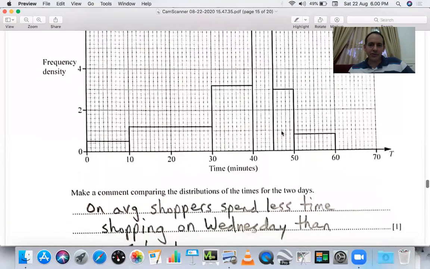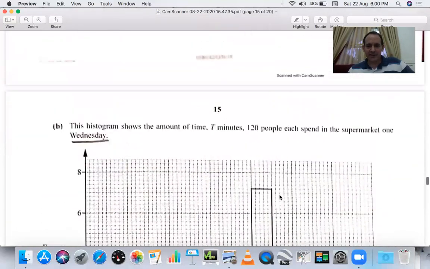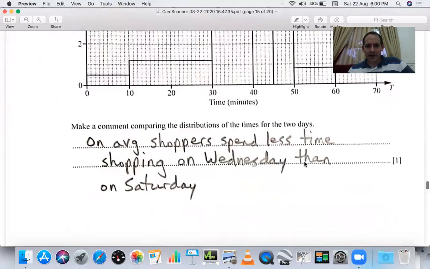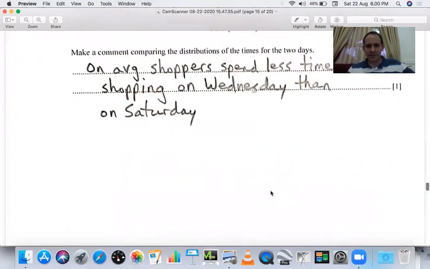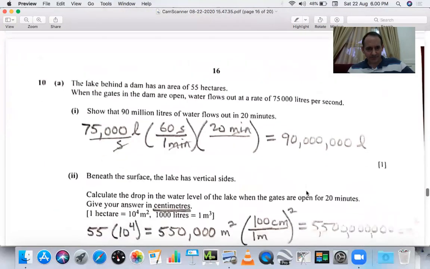And so what you should basically get between this is that there are, on average, less shoppers on Wednesday than on Saturday. This is only 1 point, so don't spend too much time thinking. You only need one statement that compares the two, so don't spend a lot of time here. It's only 1 point. Just do it quickly and move on.